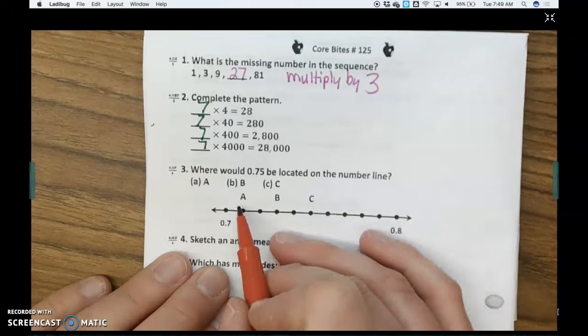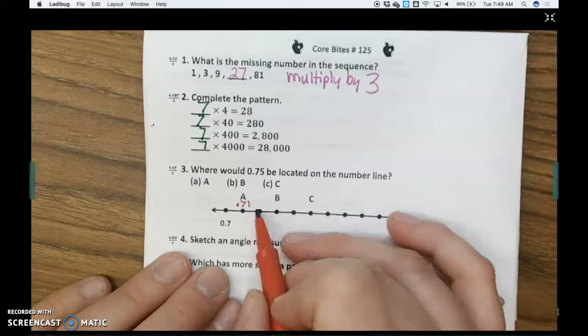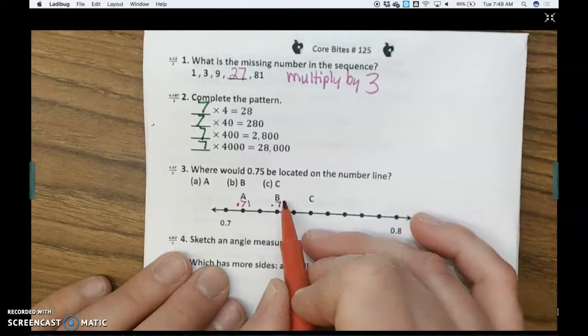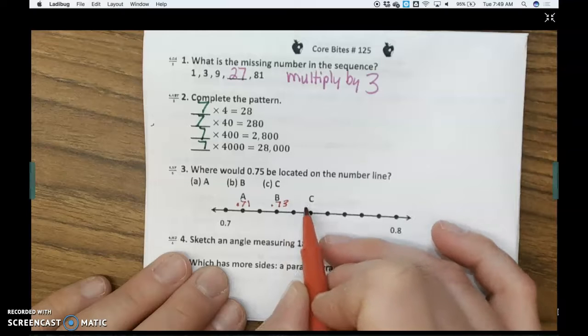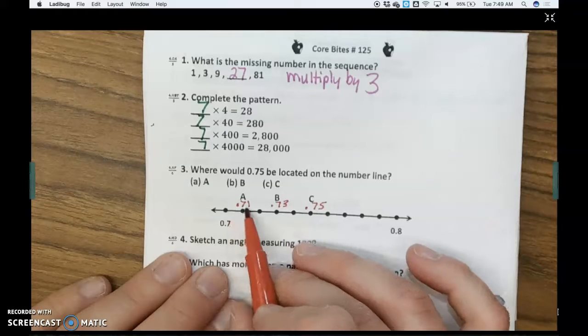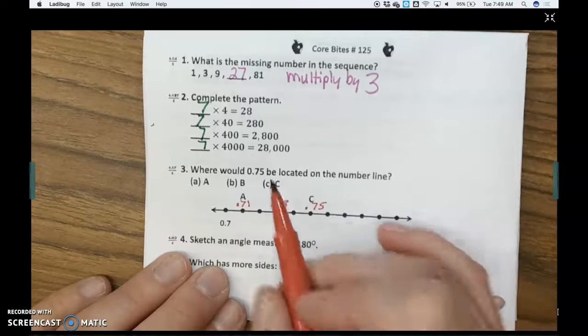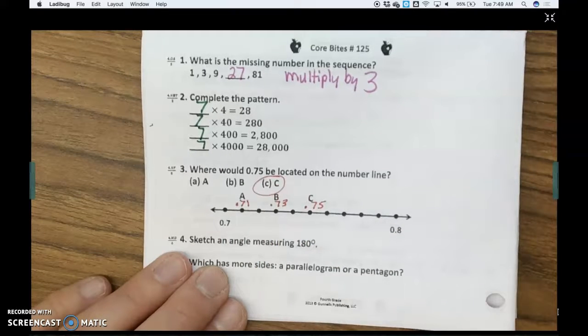So this would be 71 hundredths, 72, 73 hundredths, 74, and then this would be 75 hundredths, right? Because you add that 1, because this is 10 little spots between that. So the correct answer would be C.